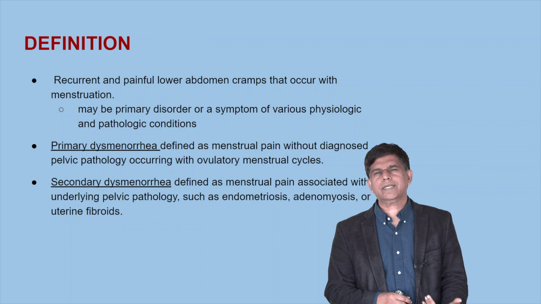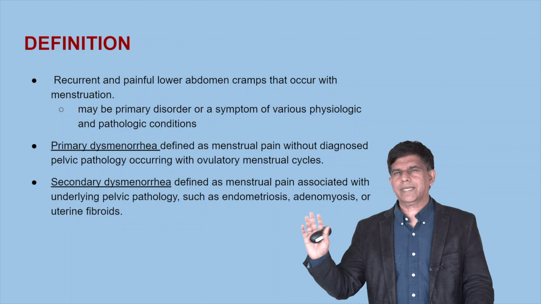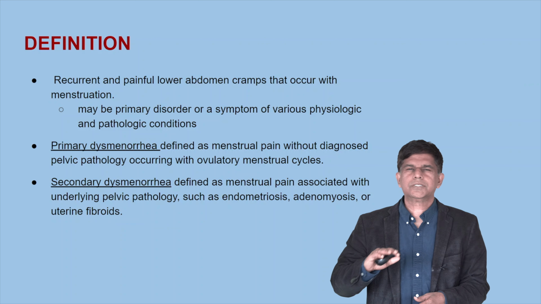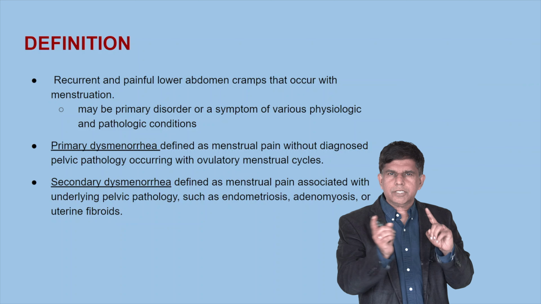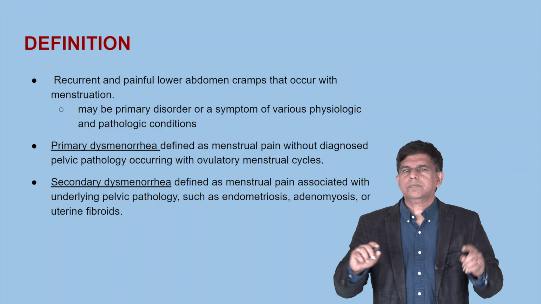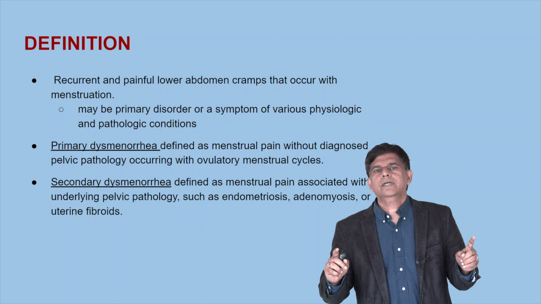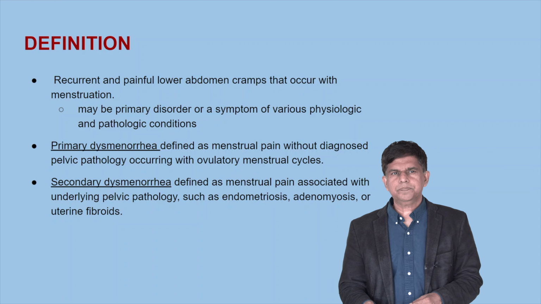With secondary dysmenorrhea, there is a pelvic pathology associated with it, like endometriosis, adenomyosis, or uterine fibroids and all that, okay? Remember the difference between primary and secondary. With primary, there's no pelvic pathology. But with secondary, there is a pelvic pathology and the menstrual pain, okay?